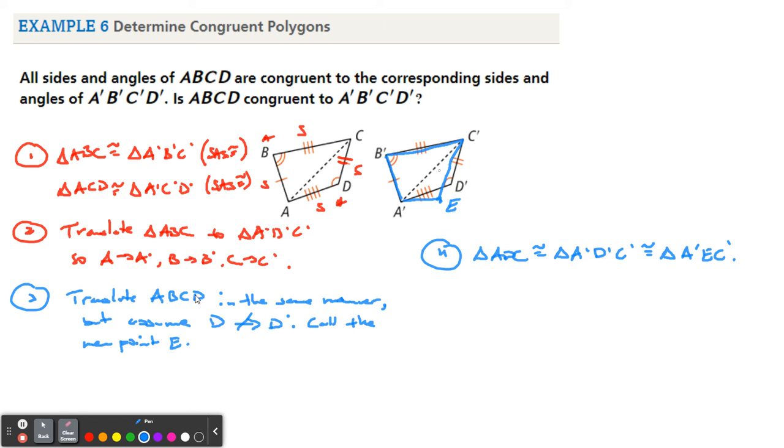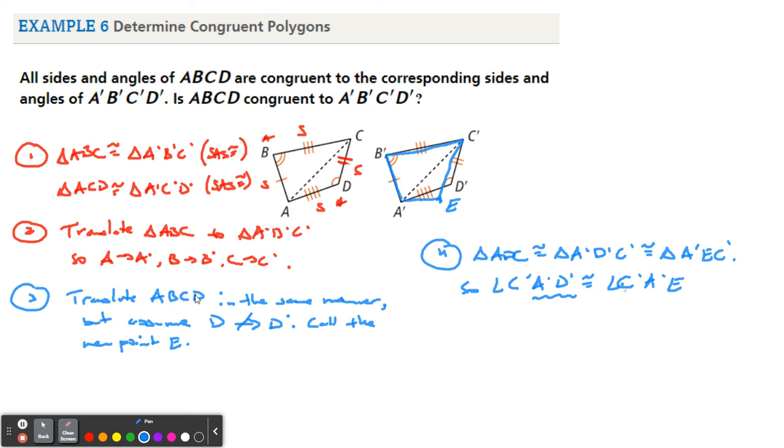Right? Because if we drag this over here, nothing's going to change about the congruent pieces, so they're still congruent, right? We just don't know if E and D prime match up. So we know that angle C prime, A prime, D prime must be congruent to angle C prime, A prime, E.